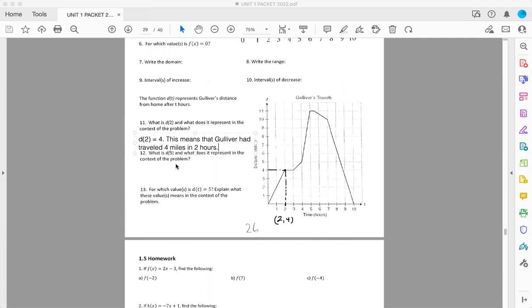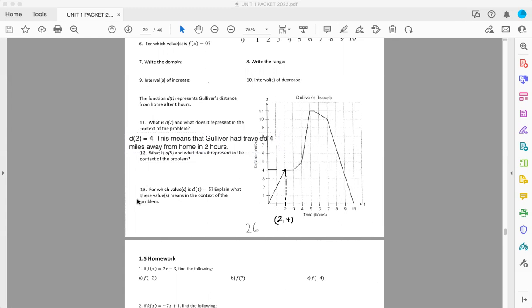Or is it distance from home? If it's distance from home, that means in 2 hours he travels 4 miles, maybe away from home, right? In 2 hours, just to be a little bit more specific, because he's going away from home.